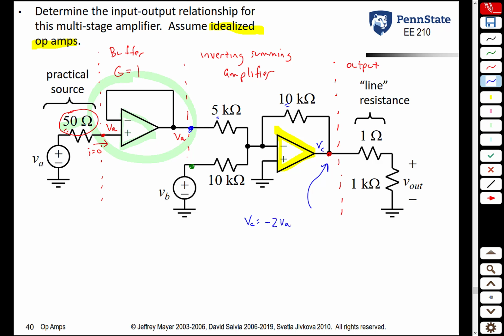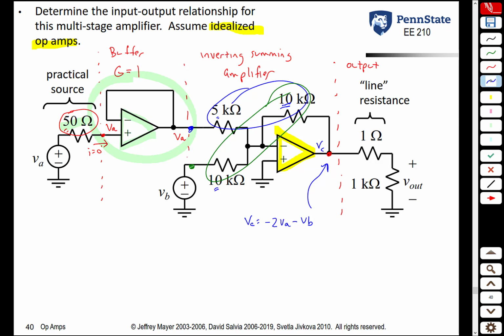And it's also going to add to that VB times minus 10 over 10. So VC is just negative 2 VA minus VB, because it's an inverting summing amplifier with a gain of 2 for this part and a gain of 1 for that part, and then of course it's inverting, so you have a minus sign in front of both.